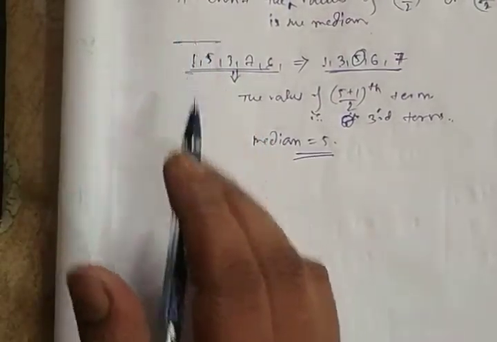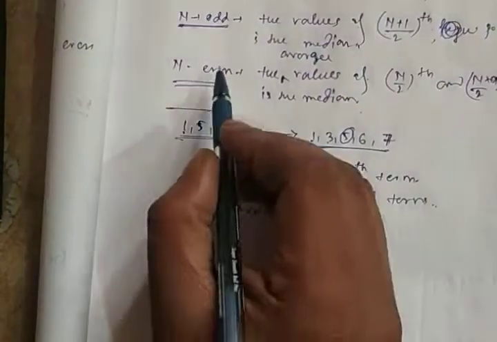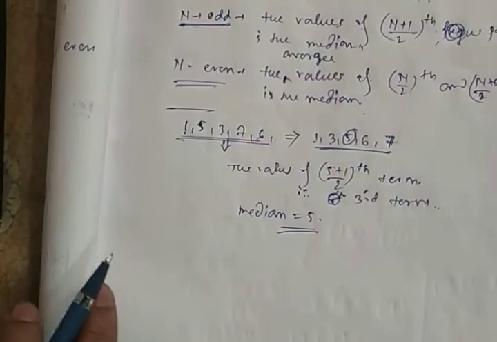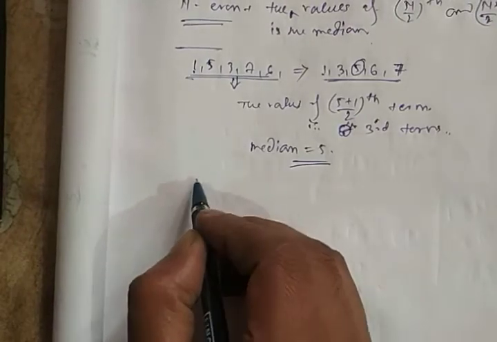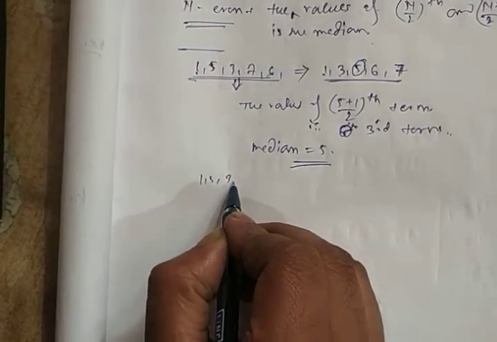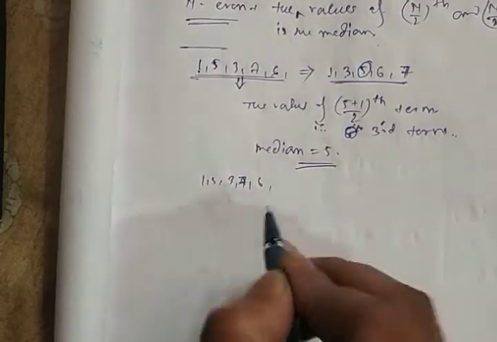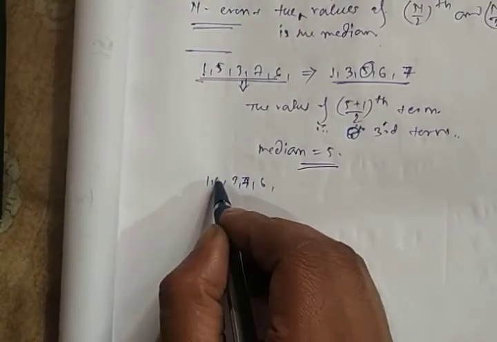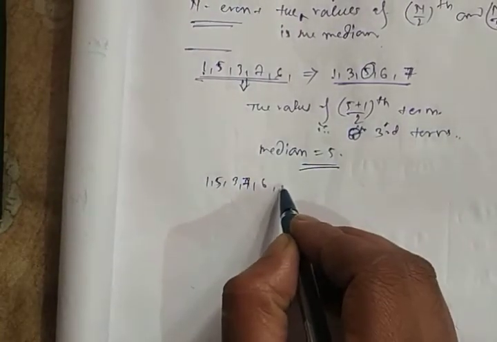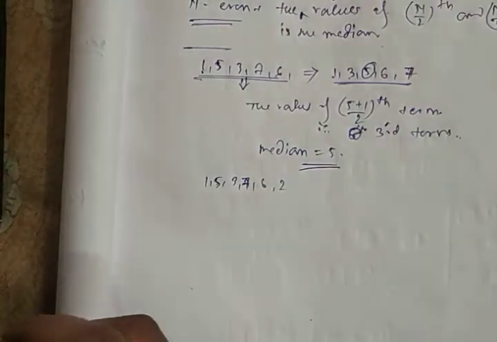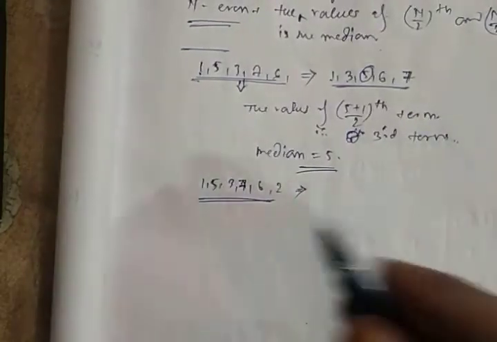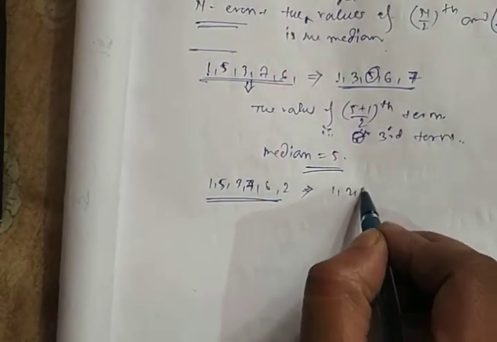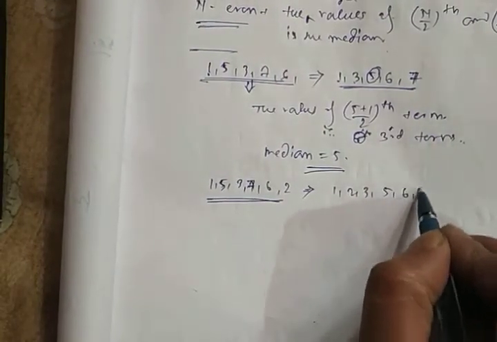If the total number of observations is even, let's take the same example with another observation added. Let's say this is 2. First we arrange in ascending order: 1, 2, 3, 5, 6, 7.